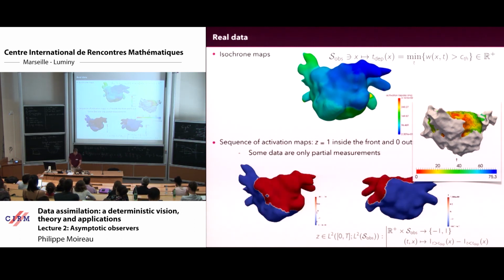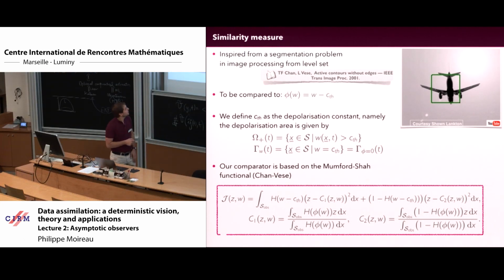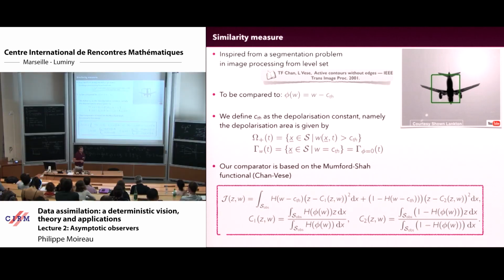In order to do that, we decided, and maybe Annabelle Collin will present that in more detail on Monday, to find a way to compare data which are in a very bizarre space to the solution. We use what people do in image processing with the Mumford-Shah functional. So the idea is to use a J which is given by people who are doing image processing.